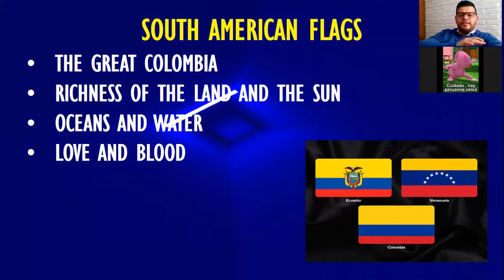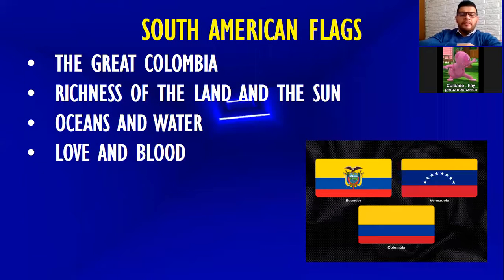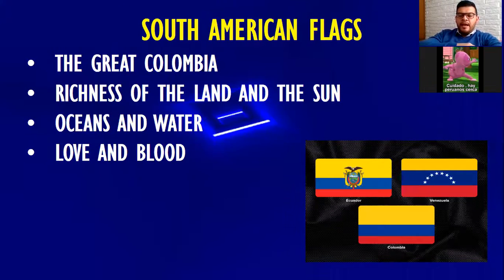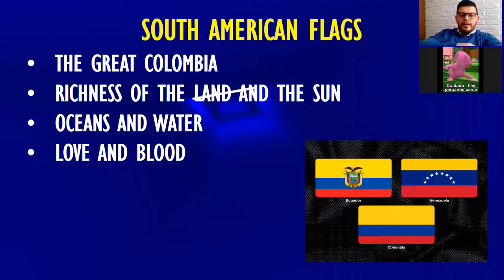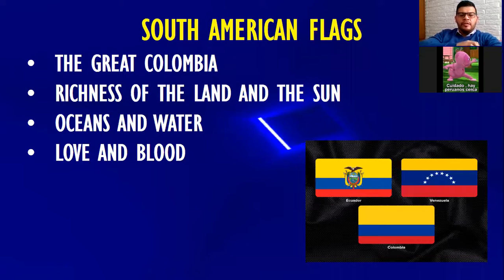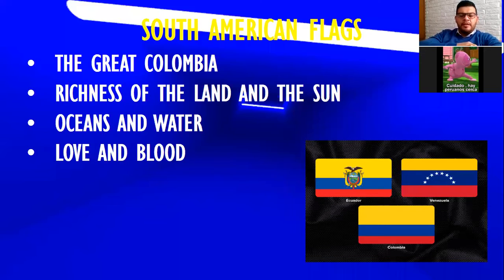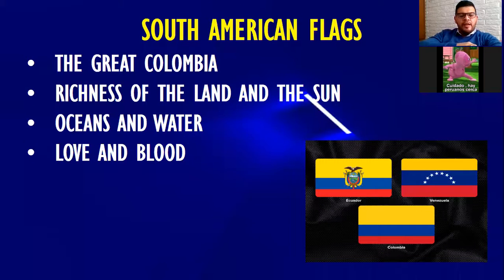And each color represents something. Listen to this. Yellow represents the richness of the land of these three countries, and obviously the sun, yeah? Later, we have a blue color because of the oceans and water that are near or surrounding the territory. And finally, the red color represents love and blood for the ones who died in the independence movement.